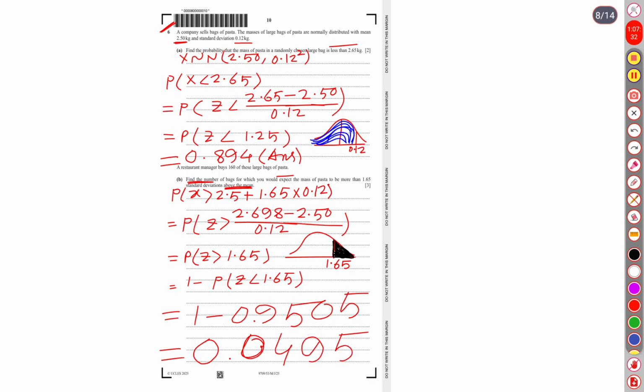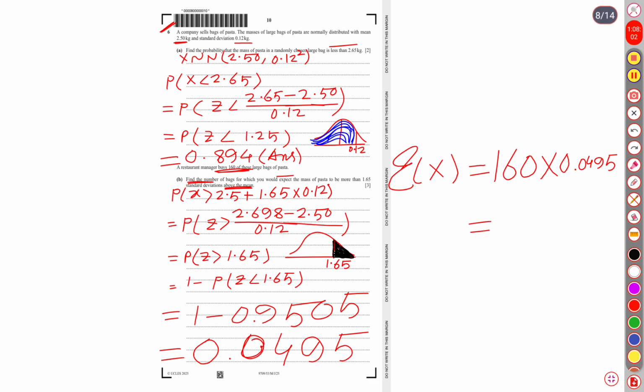They have told us to find the expected value, and you know how to find expected value. We just multiply by the total number of experiments. The total number of bags was 160. So it is 160 times the individual probability of each bag, 0.0495.